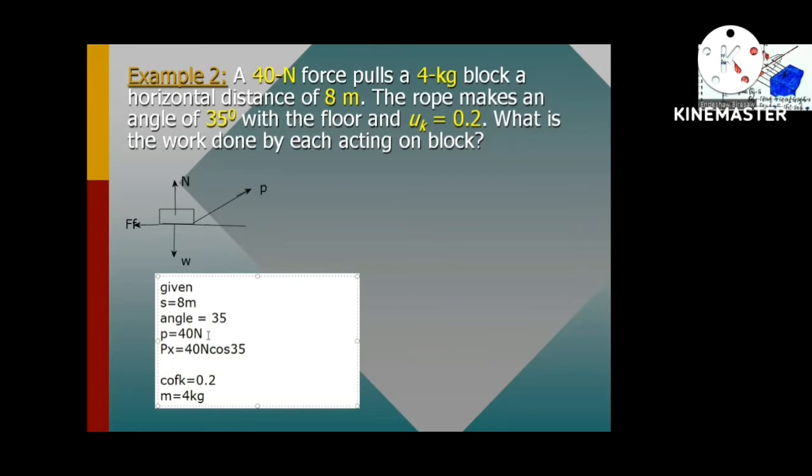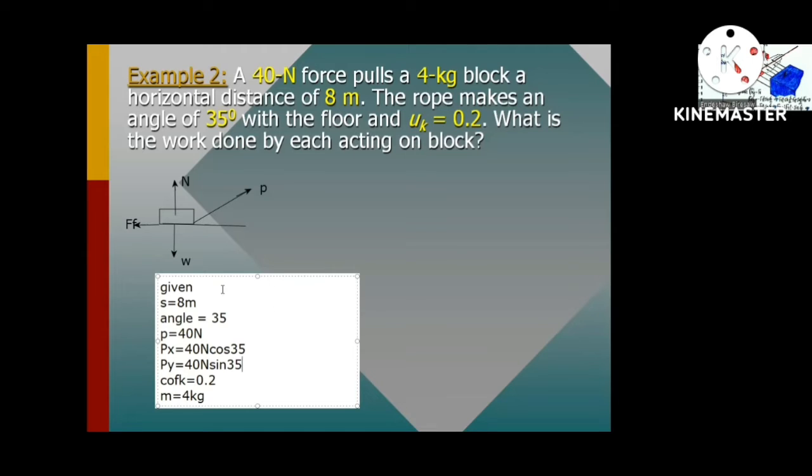And also Py, sorry. Py is equal to, using the trigonometric function, 40 Newton times sine of 35 degrees. This is the given physical quantity.